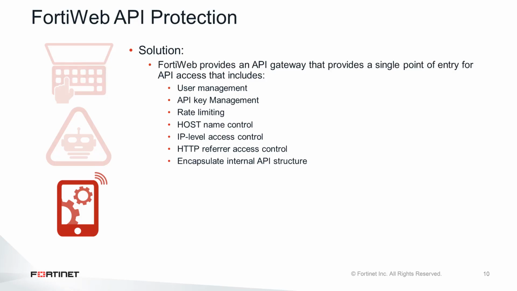FortiWeb allows administrators to hide internal API structure from potential attackers, to provide a single point of access to APIs, and to deliver improved user experience for users on a wide range of devices without sacrificing security.